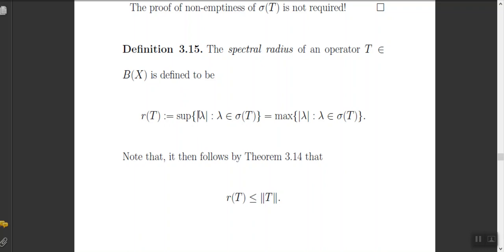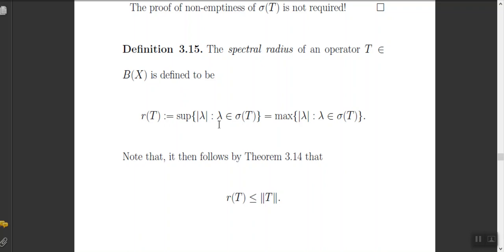So forget about the supremum for a moment: the set of absolute values of lambda is also compact as a subset of R. So it is closed and bounded, especially it's closed. The supremum of this set is a limit point, and every closed set contains its limit points. So this supremum becomes a maximum.